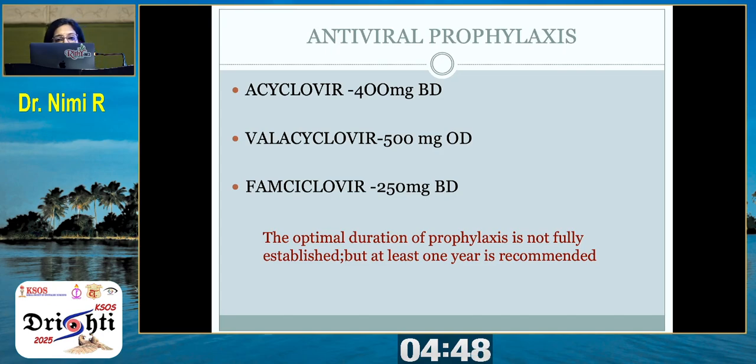These are the drugs given for antiviral prophylaxis: acyclovir 400 milligram BD, valacyclovir 500 milligram OD, and famciclovir 250 milligram BD. The optimal duration of prophylaxis is not fully established, but at least 1 year is recommended.